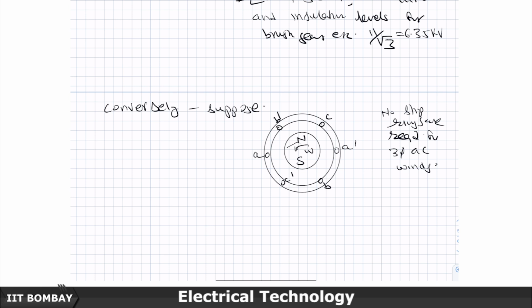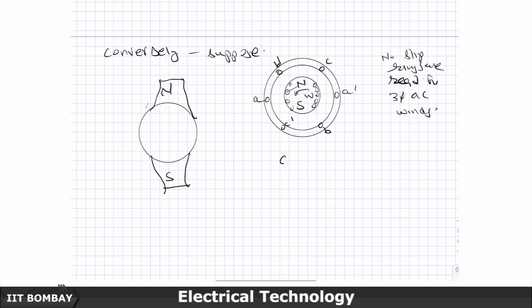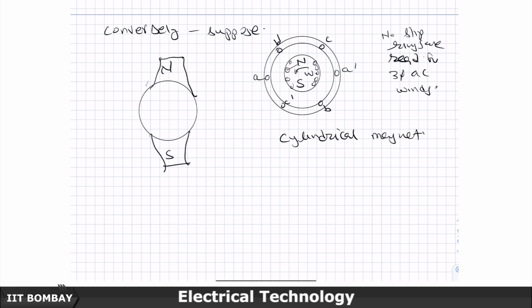Of course, the field will usually be through an electromagnet. So, I could have, for example, a concentrated winding like this, or I could have a salient pole, not a very good diagram, but I could have a cylindrical magnet here, this is distributed, and this is a salient pole magnet.